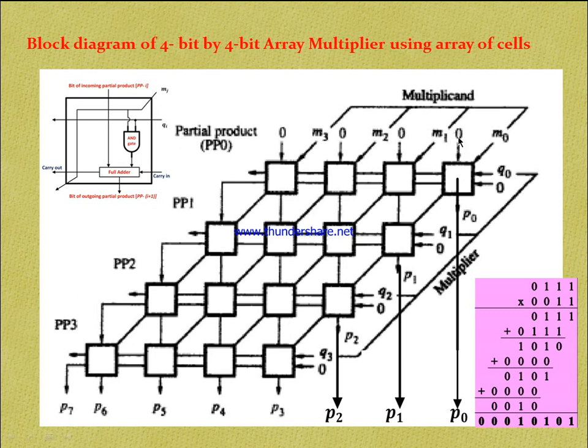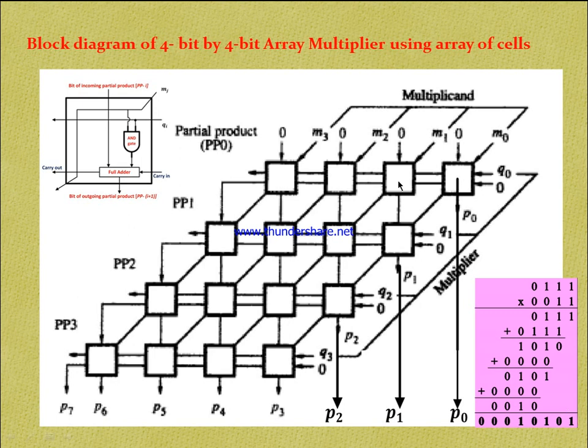These are the only two inputs, so depending on them I get the result of the full adder. The result is 1, and this 1 is directly propagated to the result.